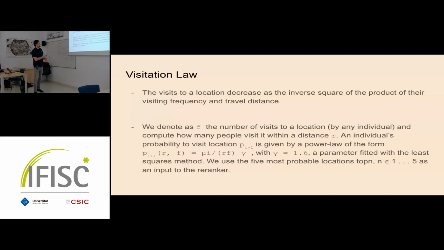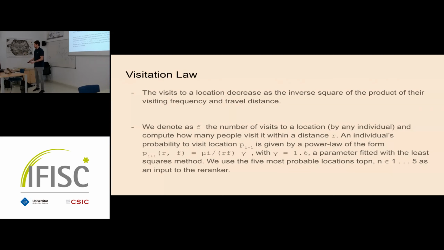Similarly with the visitation law, it's a very cool paper from the MIT Senseable City Lab, in Nature Human Behaviour or Nature Communications, I don't remember, that basically says that the visits to a location decrease as the inverse square of the product of their visiting frequency and travel distance. And this can be computed by looking at the data set, which can be associated to a single user or not.